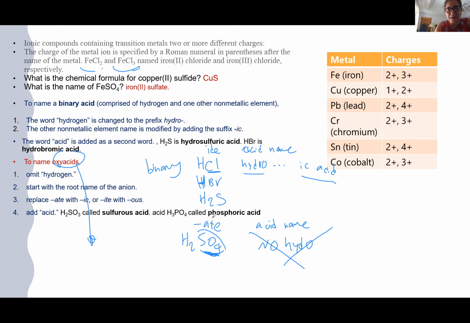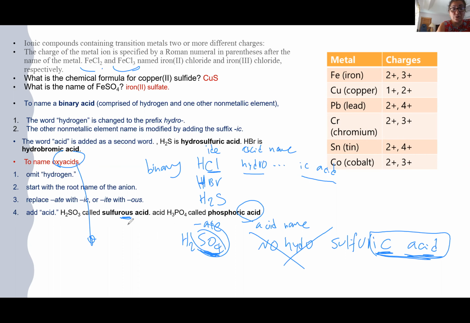If it ends with ATE, then you would use ic acid: the root name for the polyatomic ion, and then ic acid. Sulfuric acid, phosphoric acid.